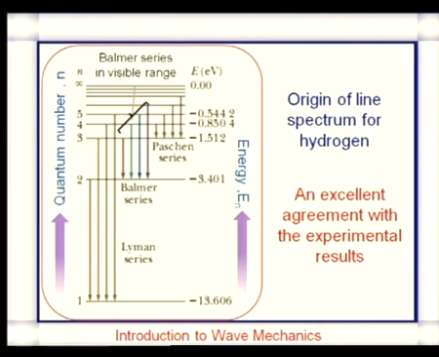That means Bohr's model was perfectly in agreement with experimental observations as regards the hydrogen atom spectrum. To that extent, Bohr's model was acceptable. It proved to be very successful as against the previous model, that is Rutherford's model.